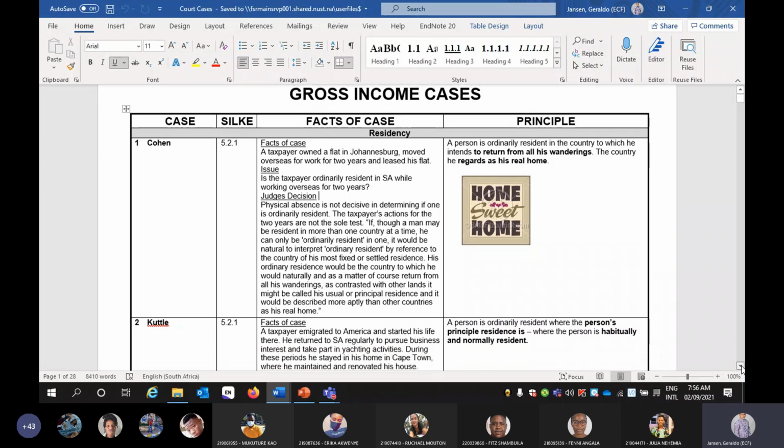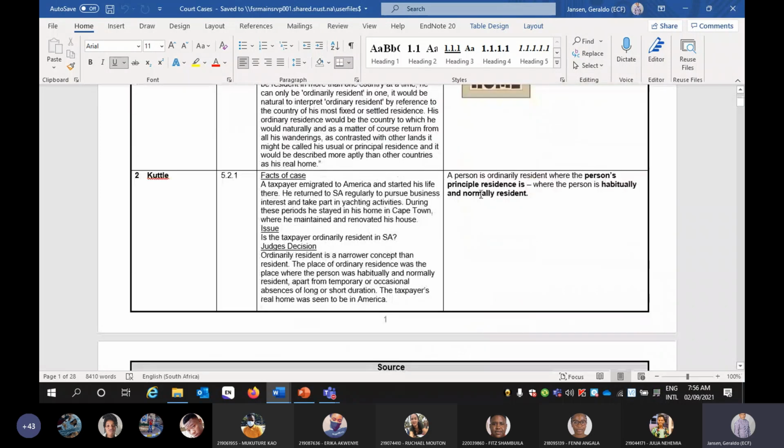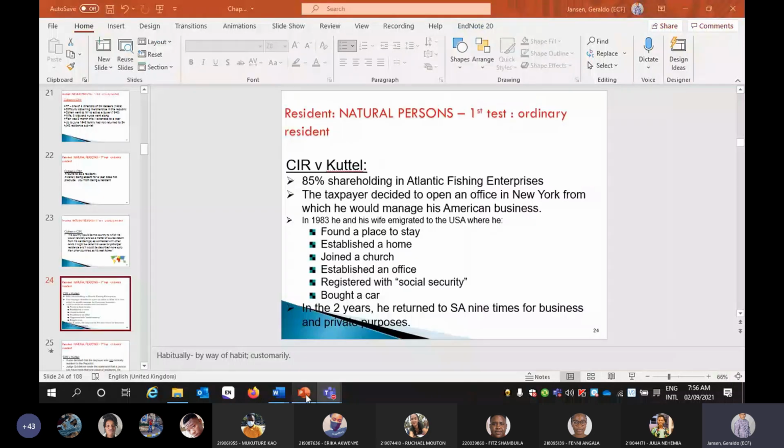Okay, so here we had Mr. Kittel had an 85% shareholding in Atlantic Fishing Enterprises. So he had an 85% shareholding. Okay, and then Mr. Kittel, the taxpayer, decided to open an office in New York from which he would manage his American business.